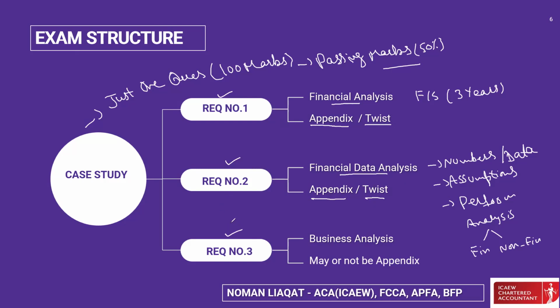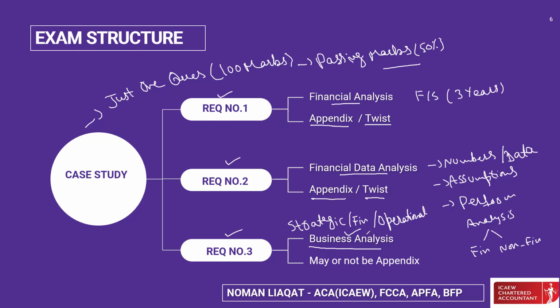Requirement number three. What is requirement number three? Requirement number three is basically about your business analysis. This business analysis includes your strategic analysis. It also includes your financial analysis. It also includes your operational analysis as well.